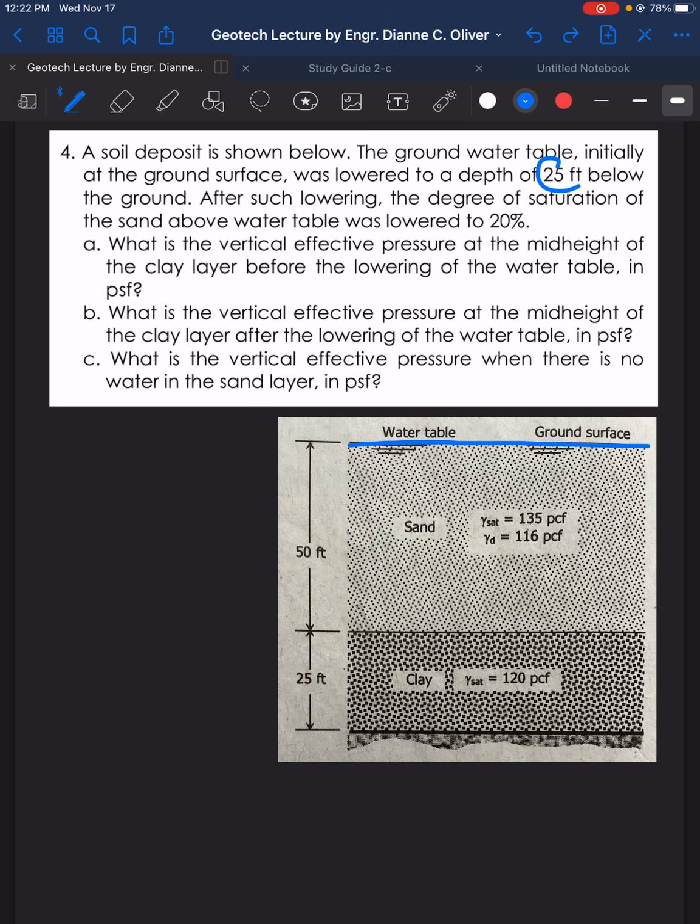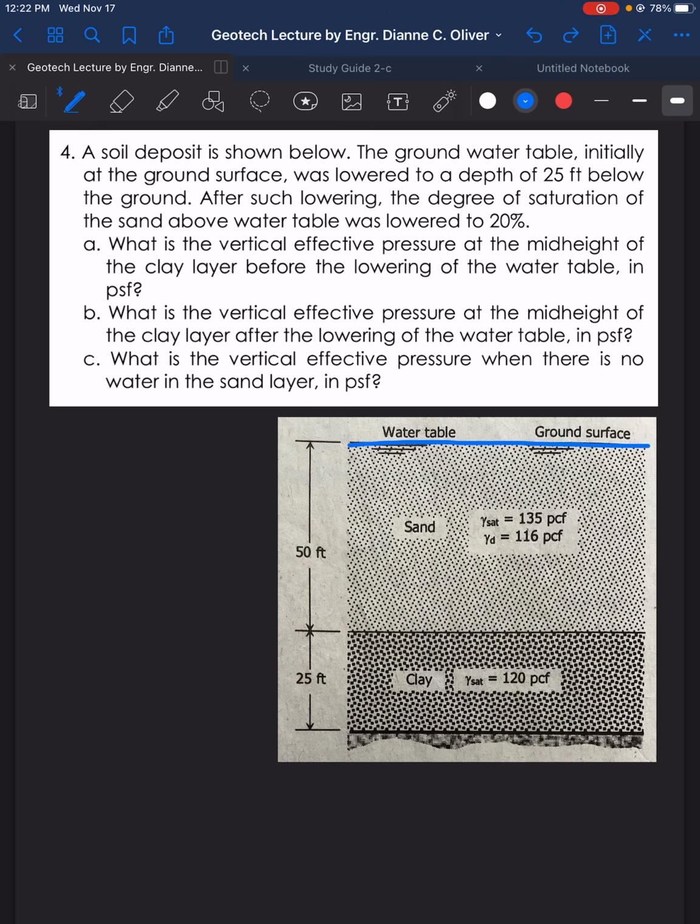The lowering of 25 feet in PSL. C, what is the vertical effective pressure when there is no water in the sand layer? Okay, so it means it's in here. So we have 3 conditions. So the first one is water table at the ground surface. The second is here at 25 feet below the ground. And the third one is located here in the boundary of the sand and the clay.